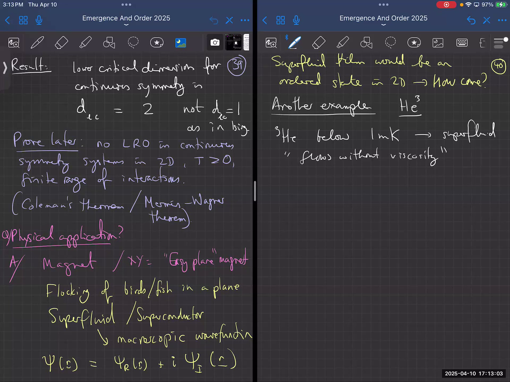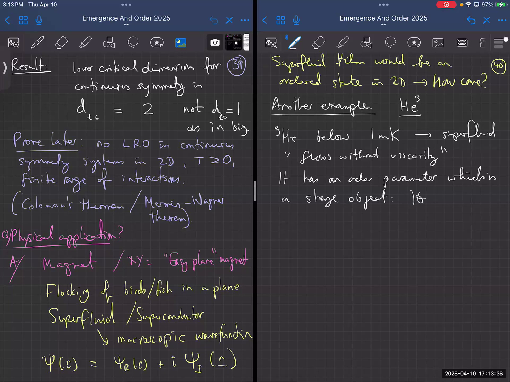It has an order parameter which is a strange object.